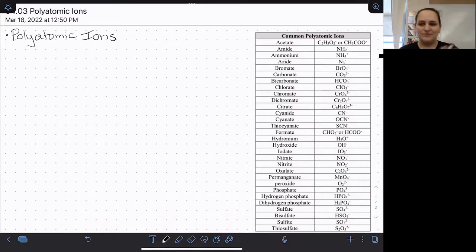And if you think about breaking those words down, it pretty much means what you think it would. Poly as a prefix generally means many or multiple. So polyatomic is saying that there are multiple atoms in this ion.